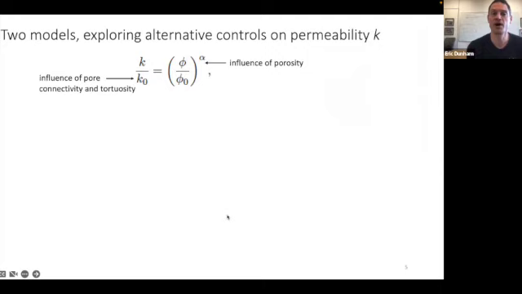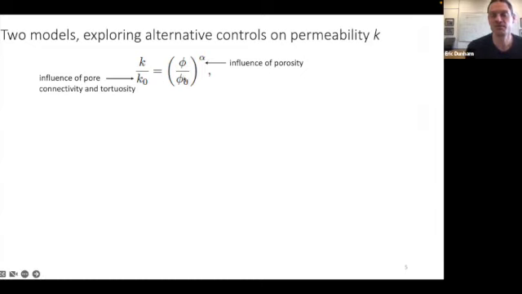So I'm going to show two models, or at least one. We'll see if I have time for the second one. They both explore different ways that permeability can evolve. We'll use a relation between permeability and porosity of this form, a typical power law. Kozeny-Carman models would place that exponent around 3, and that's pretty consistent with many lab experiments.